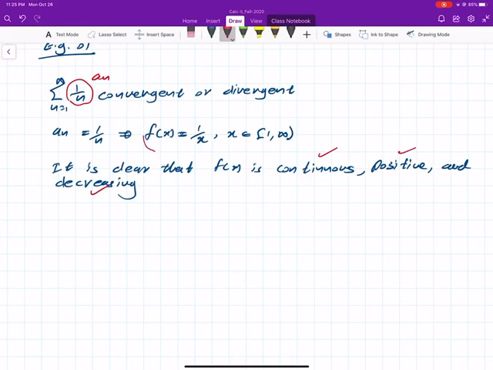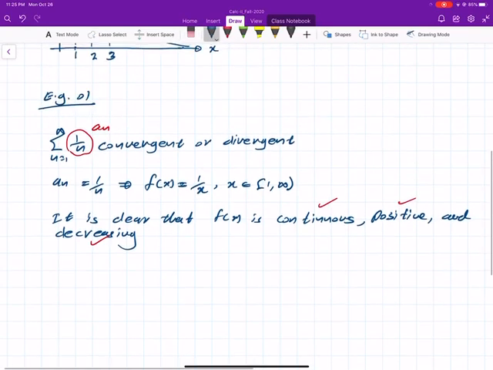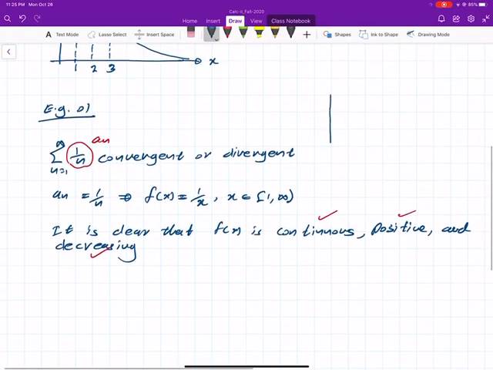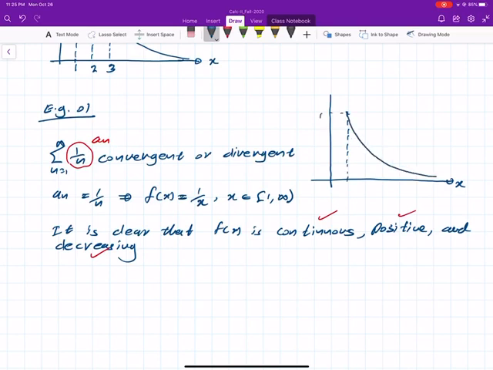You know, this function is very familiar to you. If I draw the shape of the function, it should look like this. You have drawn these functions in Calc 1. So this function goes like that. f of x equals 1 over x.